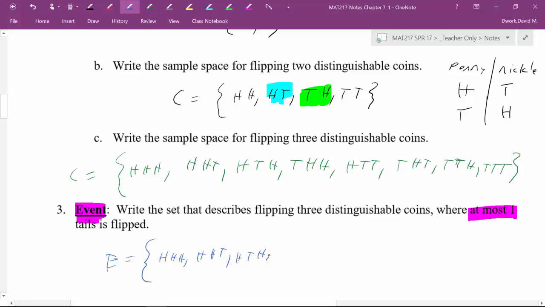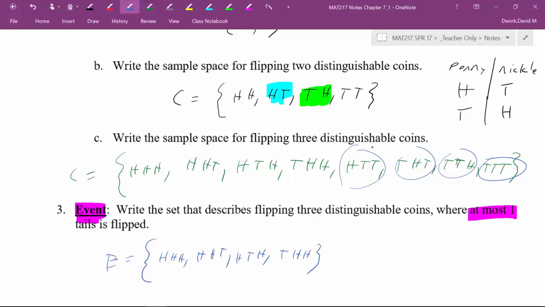Heads, tails, heads, or tails, heads, heads. All the other elements have two tails or more, and I can't have those. So therefore, there is my set that has at most one tails.